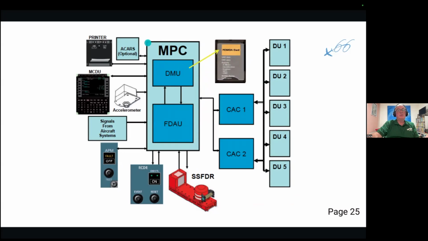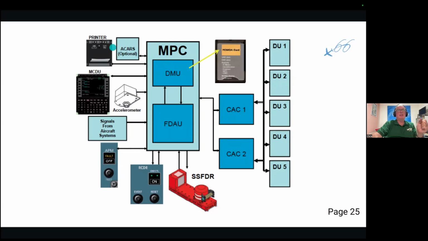The data can also be sent via ACARS to the airline or to your maintenance watch, so that they can see what's happening and decide accordingly. The airline or the maintenance or the operations can decide what we are doing next based on that data.